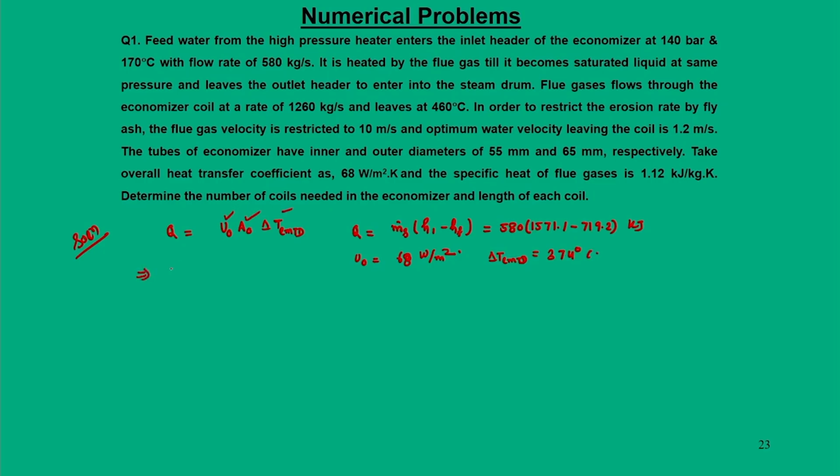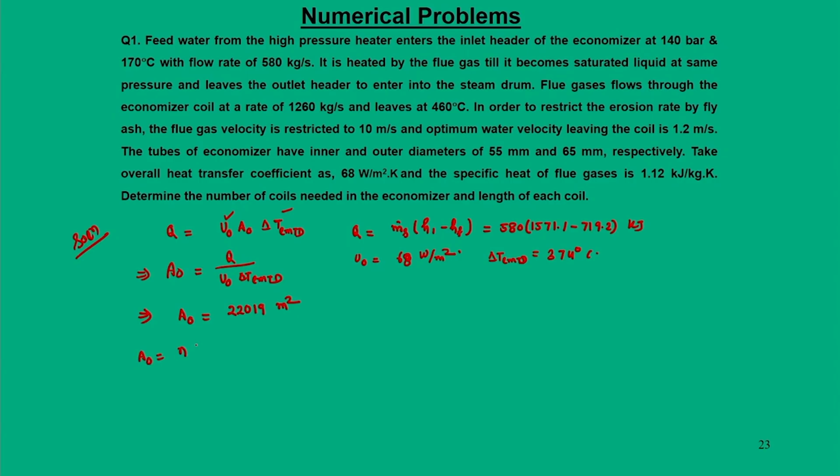So, from this we can say A0 would be Q by U0 delta T LMTD. By inserting the values, we say A0 is 22019 meter square.